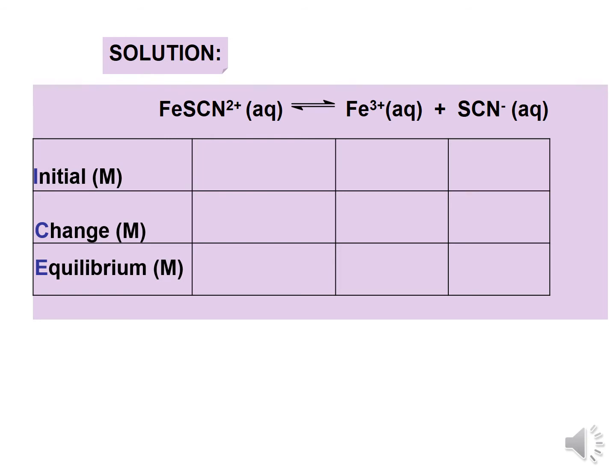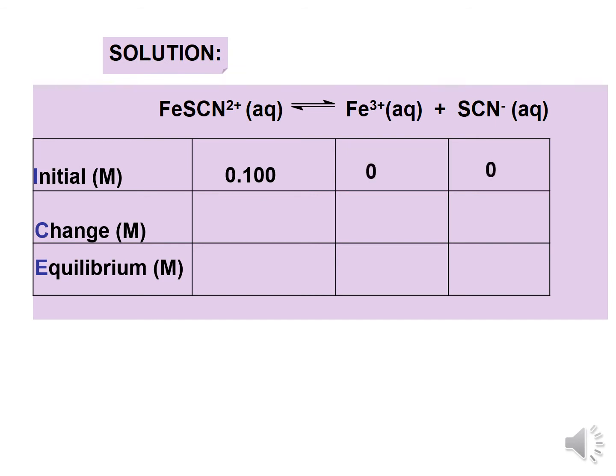Next, we insert the value of initial concentration for all the species. For iron thiocyanate ion, the value given in the question is 0.100 molar. On the other hand, the initial concentration of products are 0.